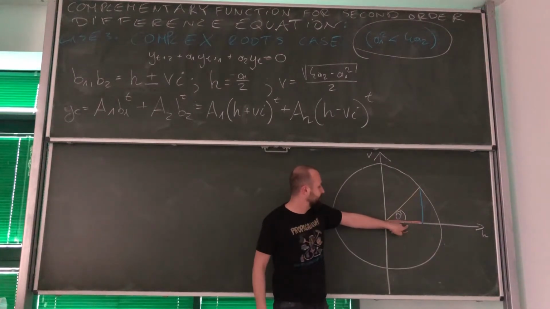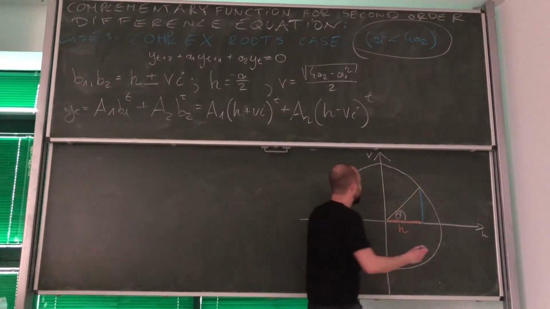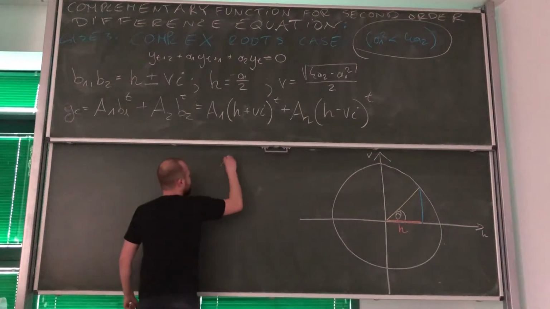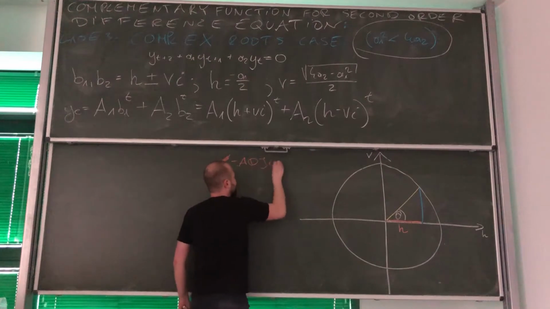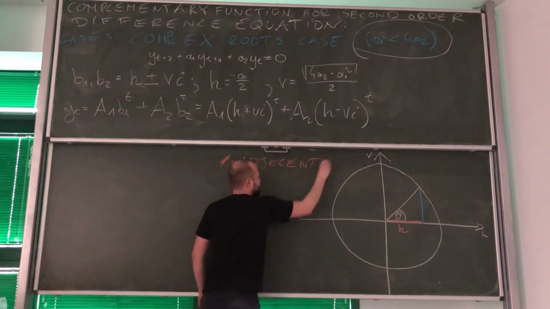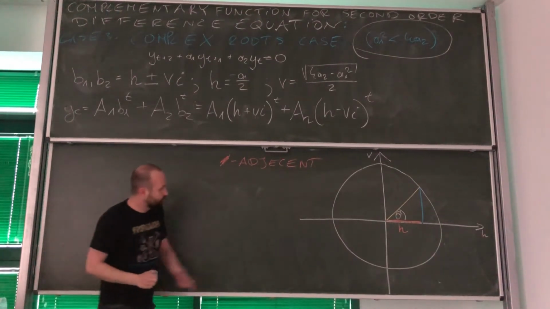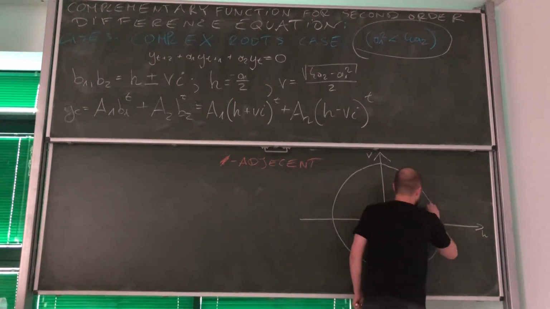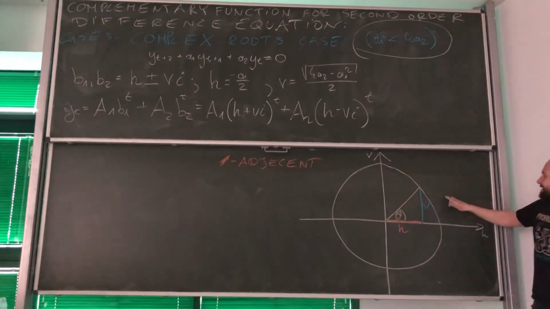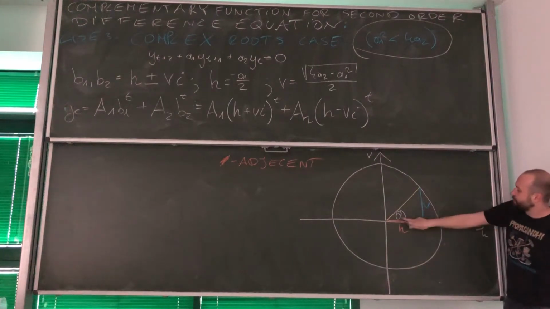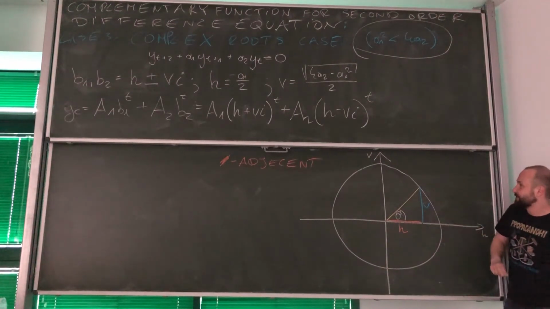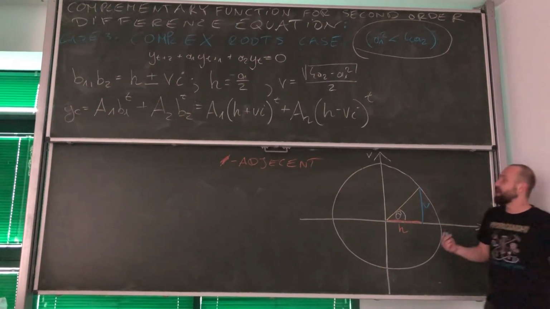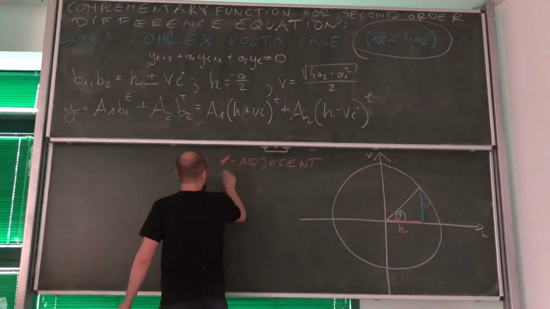So this side, the red side, is called the adjacent. Then over here we've got v. This v stands right in front of the angle of the triangle that we are dealing with. So we're going to call it the opposite, right?